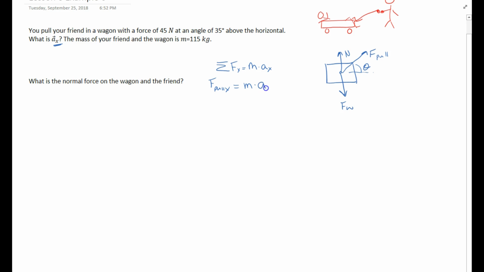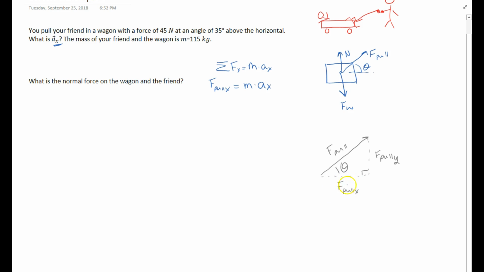Right? And you might be wondering, where does that come from? If I take just that one force and blow it up on its own, I have F pull here. I have the angle that it makes with the horizontal. That tells me that this is going to be my F pull x, and this is going to be my F pull y. This is a right triangle because we know x and y have to be perpendicular to each other.